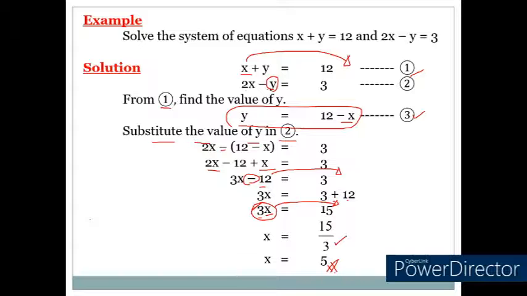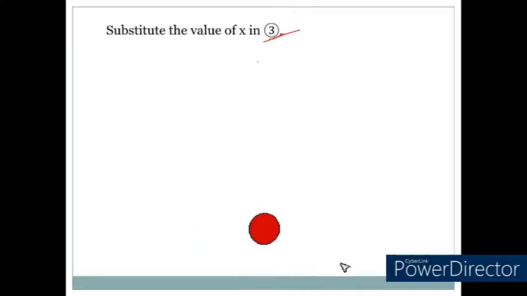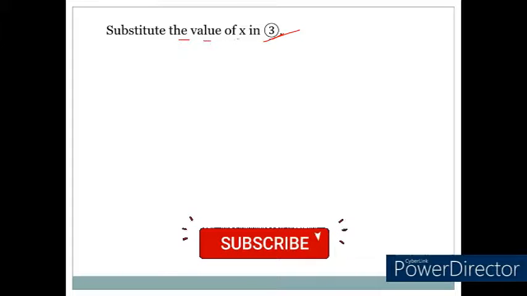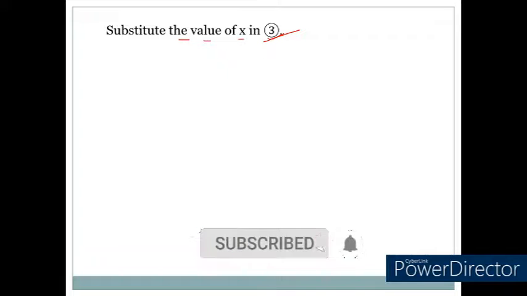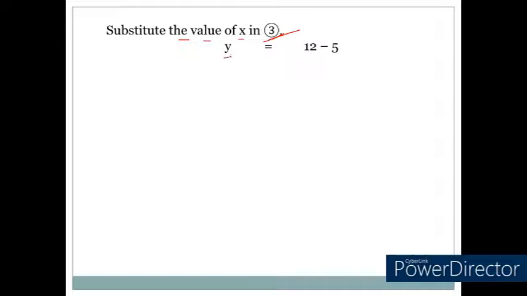Now we are ready to find out y. Where can we find the value of y? We can find the value of y from equation number 3. Substitute the value of x in equation number 3. Equation number 3 is y is equal to 12 minus x. We write that like this: y is equal to 12 minus 5.